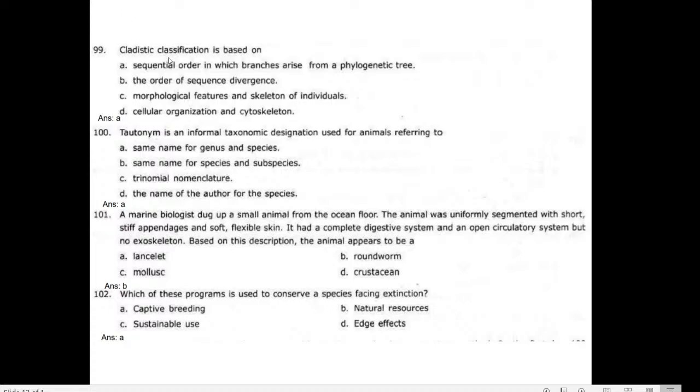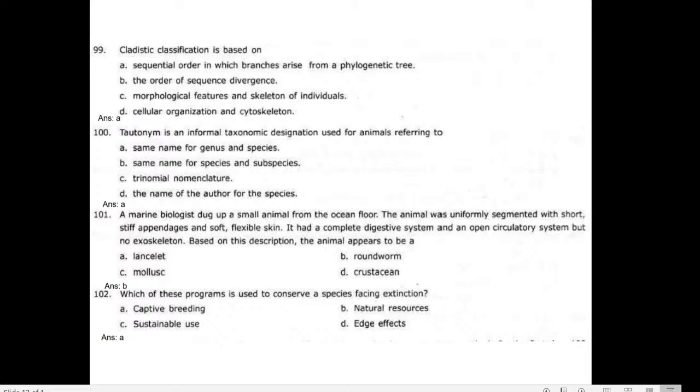Next question is on cladistic classification. Cladistic classification is based on the sequential order in which branches arise from the phylogenetic tree. This concept is very important from the exam point of view.